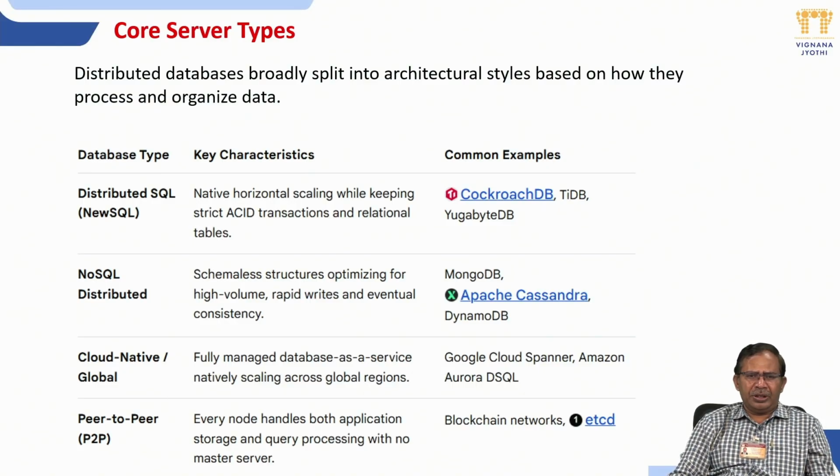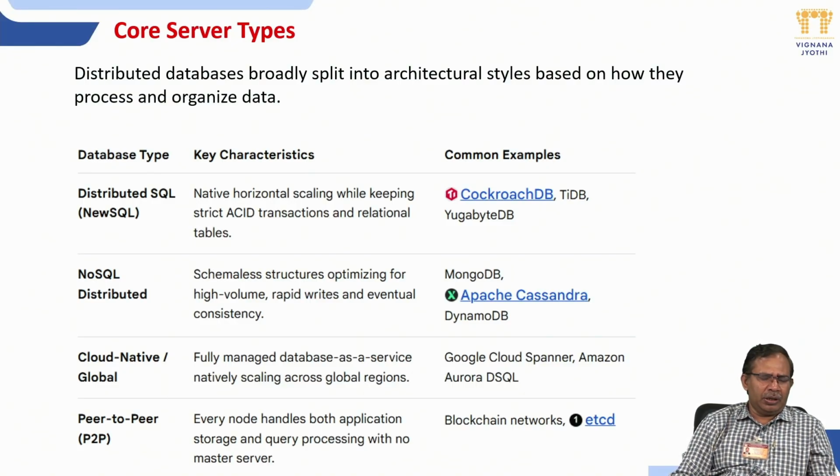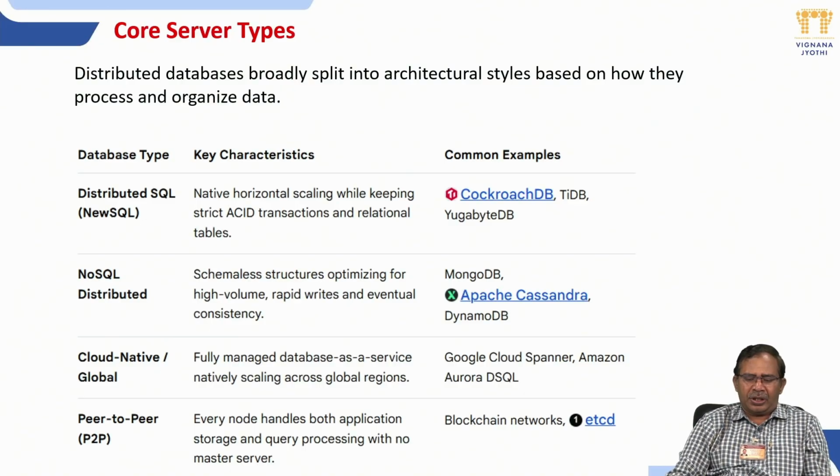In the distributed database type, there is distributed SQL, a NoSQL environment. Characteristics are native horizontal scaling while keeping strict ACID transactions and relational tables, in which atomicity, consistency, isolation, durability are to be fully followed.